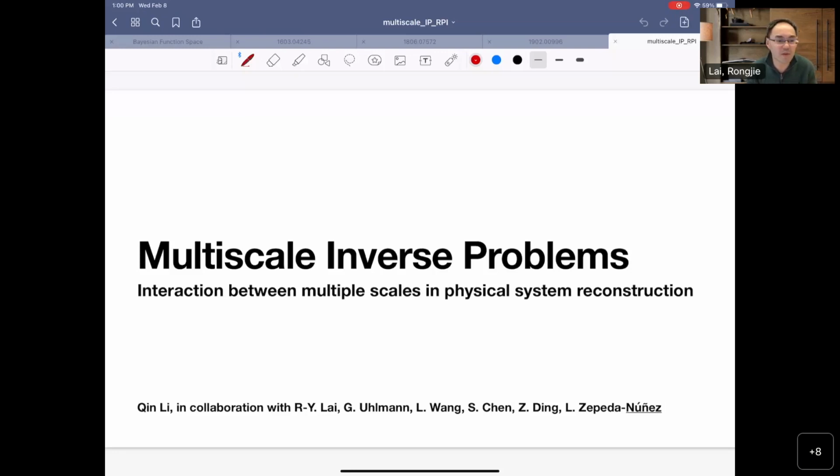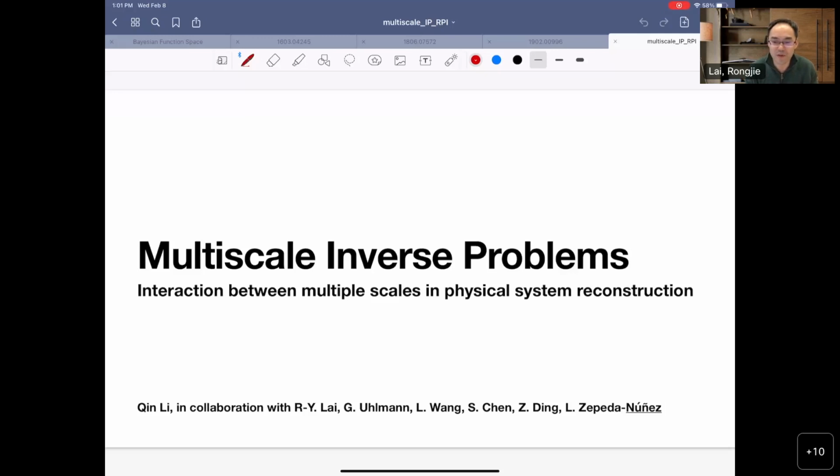Today it is our great pleasure to welcome Professor Ching Li from Wisconsin Madison to give us a talk. Let me say a few words about Professor Li. She is now an associate professor at the Wisconsin Madison Department of Mathematics. She also holds an affiliation with the Wisconsin Institute for Discovery and is a senior PI of the Institute for the Foundations of Data Science.